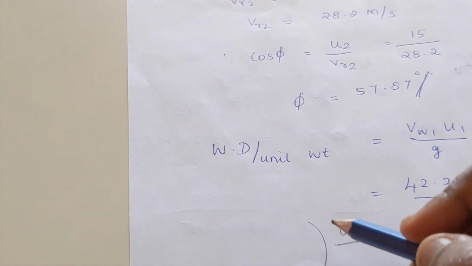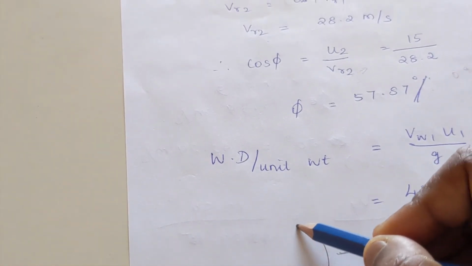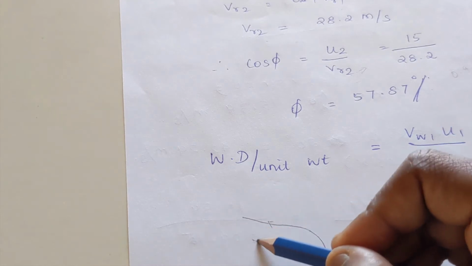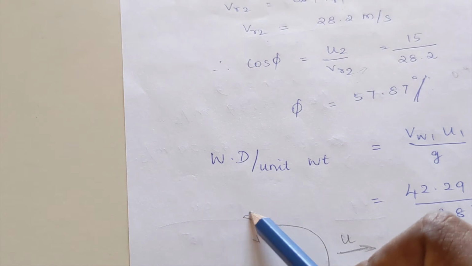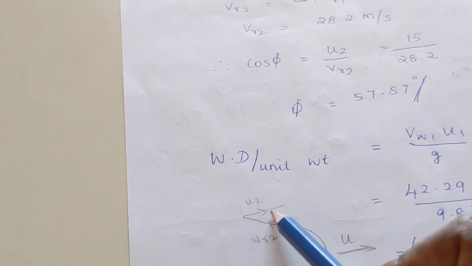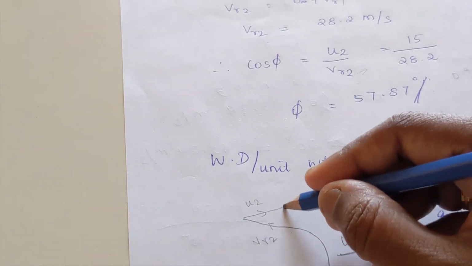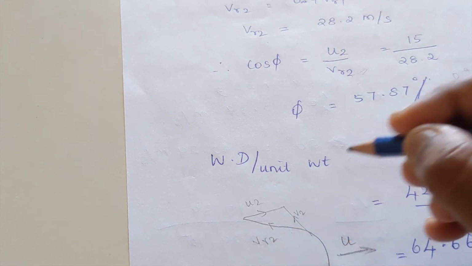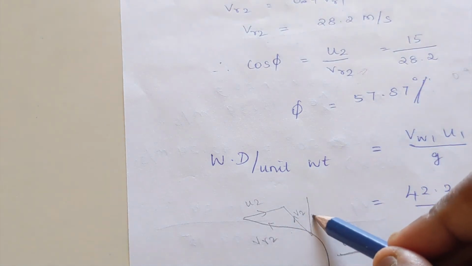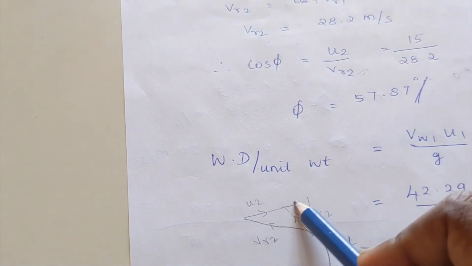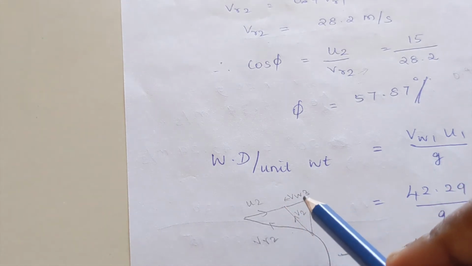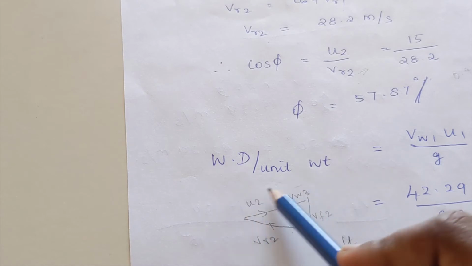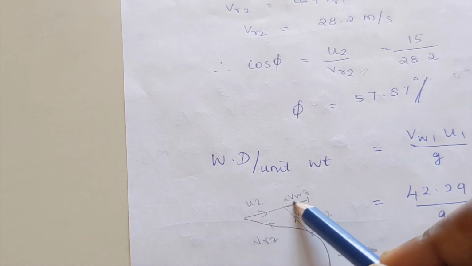How to draw the outlet velocity triangle? The water will be coming out with a relative velocity VR2. As the vane is moving in this direction, you have to represent U2 also in that direction. You will get the absolute velocity V2. V2's vertical component is VF2. V2's horizontal component is VW2. Only this portion, you have to be very clear in that. Here it won't be this much, it will be very small.